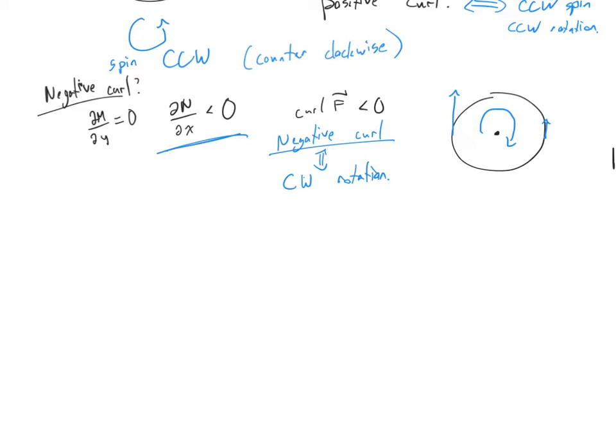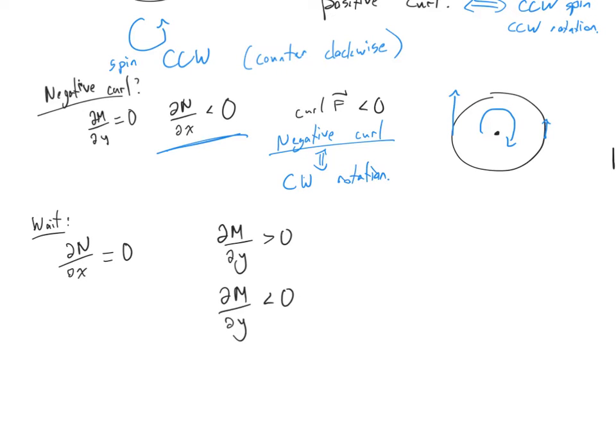What if instead you make dN/dx equal to 0, and then make dM/dy positive, or dM/dy negative?